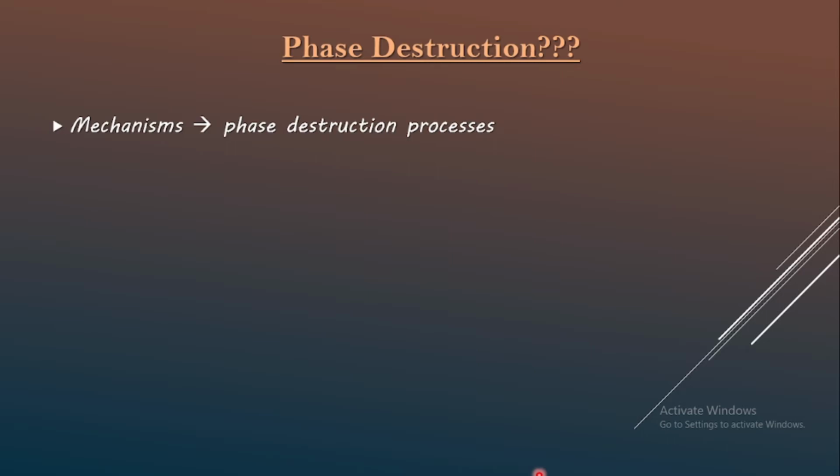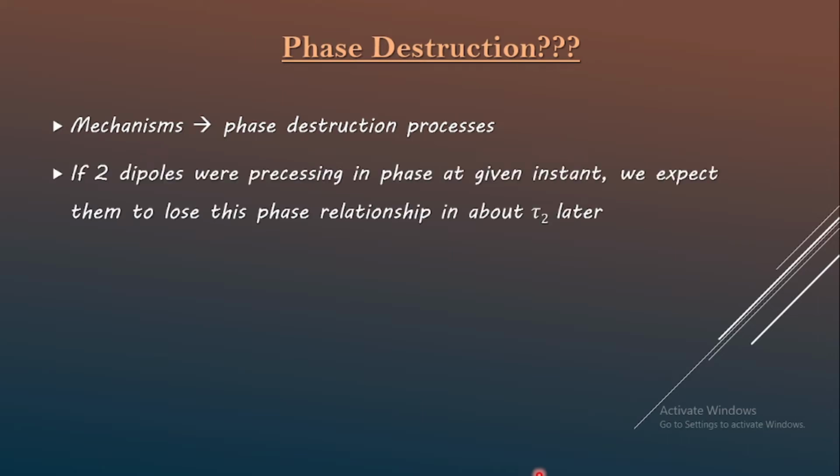And then moving to the mechanism where we consider the phase destruction. So we may also consider these mechanisms as phase destruction processes. But why is the question. If two dipoles were, let us say, precessing in phase at a given instant of time, then we would expect them to lose this phase relationship in about time tau 2, which is the spin-spin relaxation time.